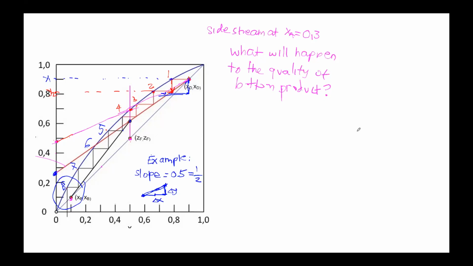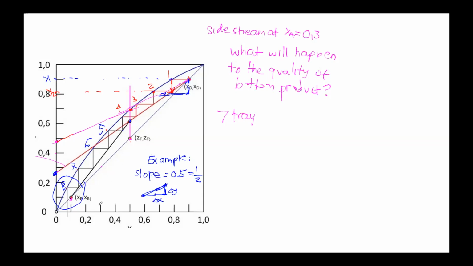But if you change the tower, then you have to refabricate the distillation tower again. So let's say you have 7 trays, because one tray is for a partial reboiler. So what will happen to the quality of the bottom product if we use a side stream?